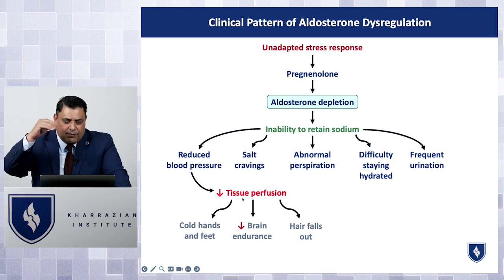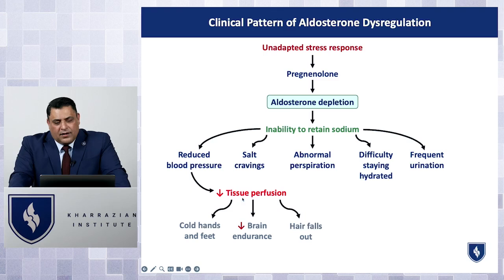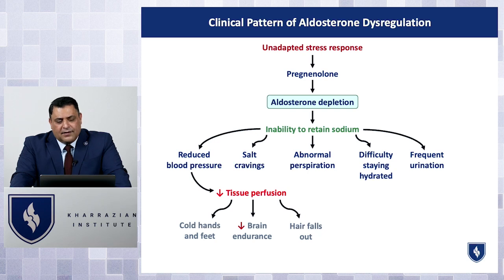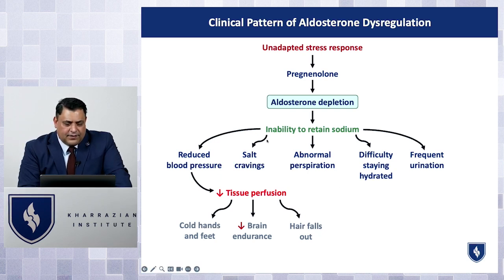They get cold hands, cold feet, poor brain endurance, and hair falls out. So they're really exhausted, low body mass index patients who then have the stress response, and they have no adrenal reserves. It's really common to see them suffer all these symptoms and have the inability to compensate for these hormonal shifts.